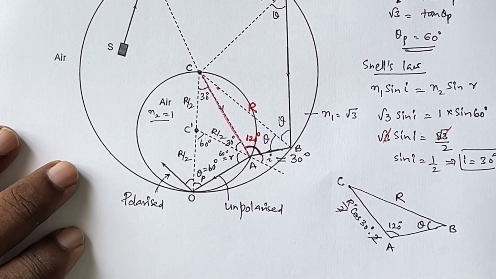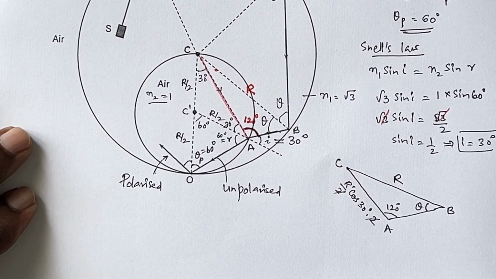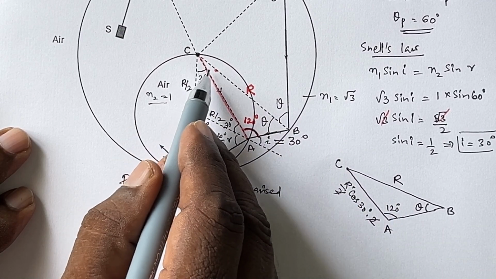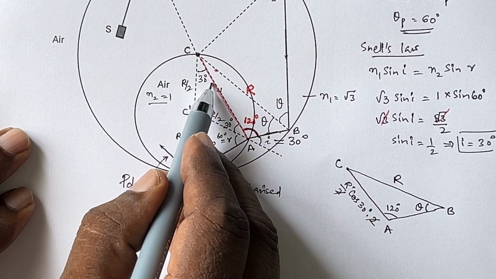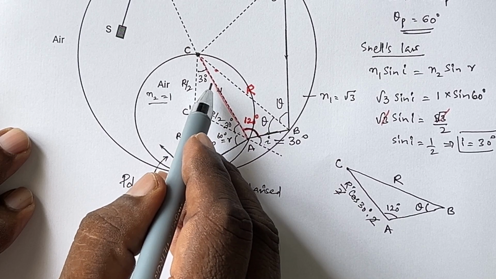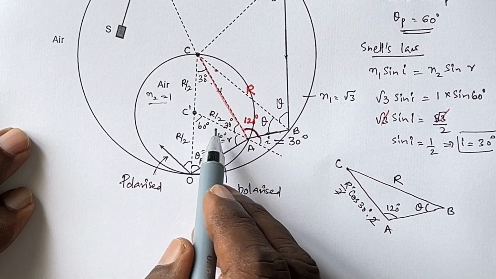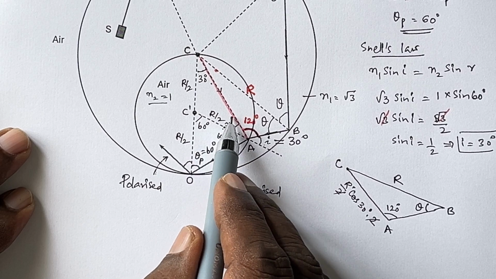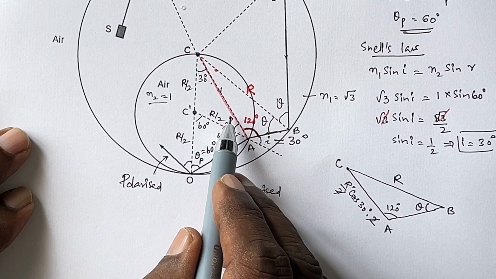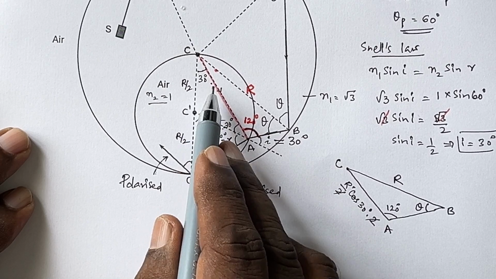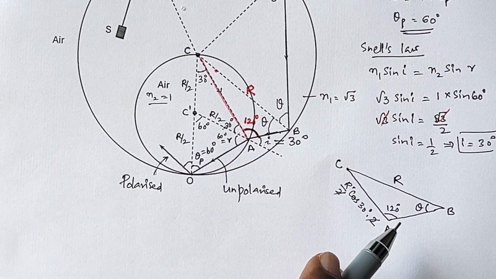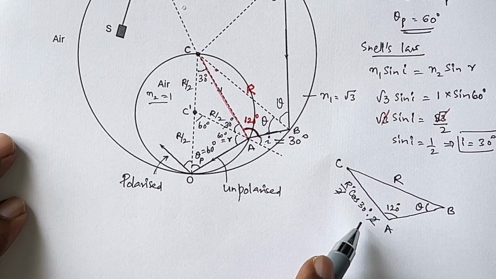Now for this triangle, I apply the sine rule. This one I have drawn here. The component of r by 2 towards CA is r by 2 cos 30 degrees, and along AC also r by 2 cos 30. So 2r cos 30 by 2, 2 cancels.